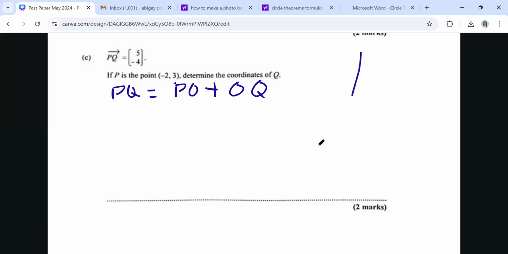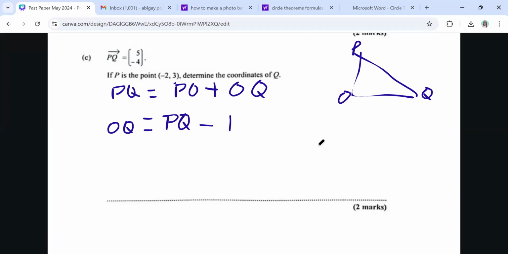Or I can sketch it like this. We say this is P, and this is Q, and this is O. It doesn't have to be O, you can write A or whatever. Well, that is a vector visual. All right, so we are trying to find Q. Then I'm going to make OQ the subject. And I'm going to put PQ here, subtract PO.